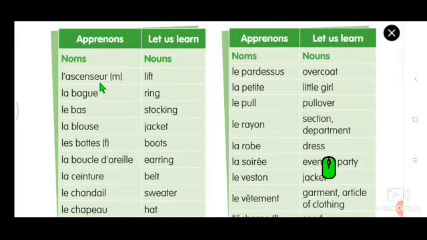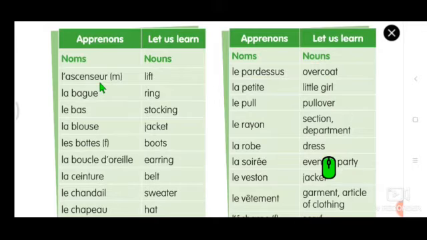Vocabulary is 20 marks for you, from English to French and French to English, 10 marks each. Just repeat along with me, then it will be easy for you. We are going to repeat only the French version, not the English one.